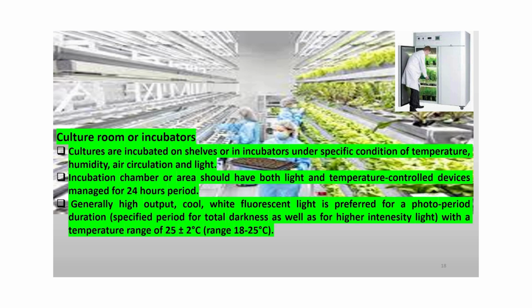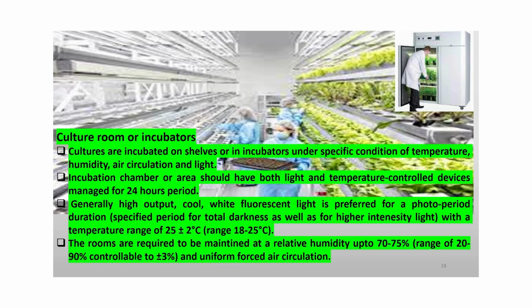Generally high output cool white fluorescent light is preferred for a photoperiod duration, with a specific period of total darkness as well as higher intensity light, with a temperature range of 25 plus or minus 2 degrees centigrade, range 18 to 25 degrees centigrade.